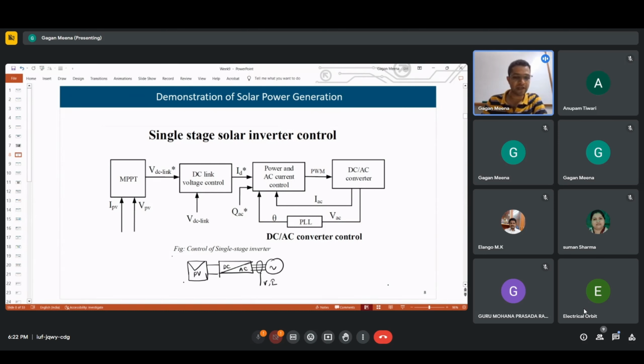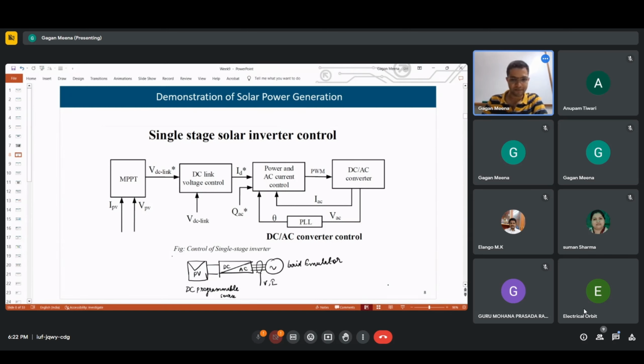So we have a PV panel which we are modeling. We are trying to mimic that using a programmable DC source, and then we want to connect it to the grid. The grid is not an actual grid here; we have a grid emulator which behaves like a grid.